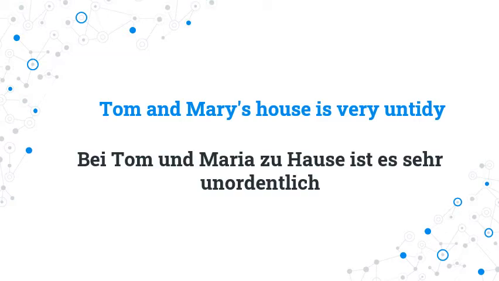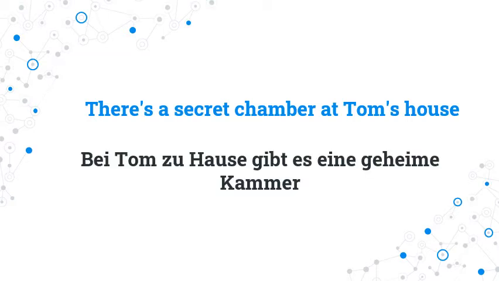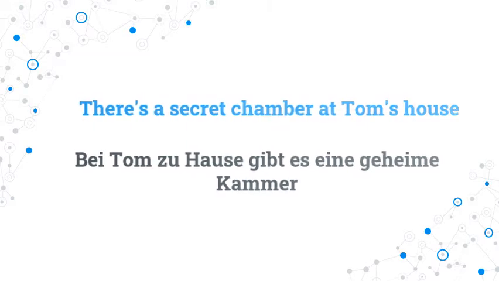Bei Tom und Maria zu Hause ist es sehr unordentlich. How do you say, "There's a secret chamber at Tom's house," in German? Bei Tom zu Hause gibt es eine geheime Kammer.